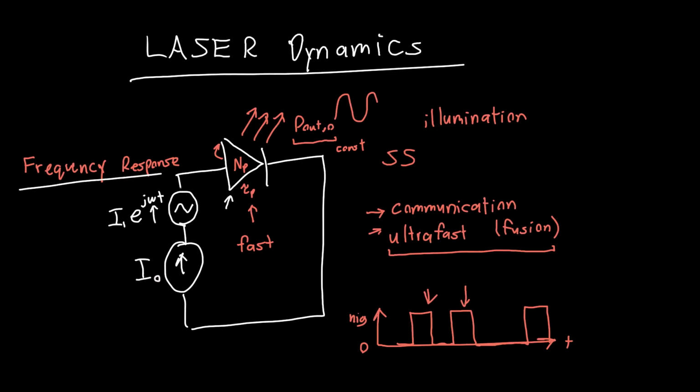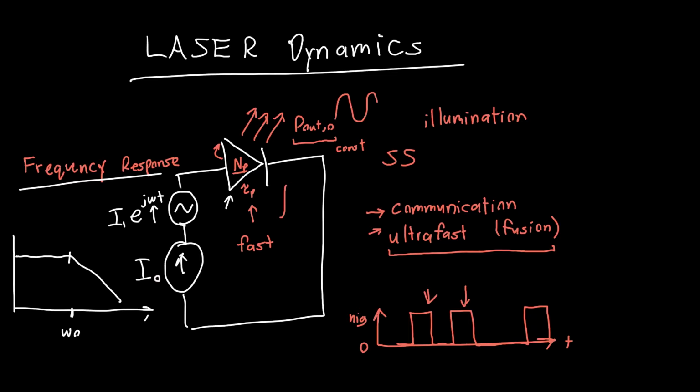And that, of course, is given by the frequency response. So maybe at a certain point, say, call this frequency omega naught, the laser just can't go as fast as we're asking of it. Maybe the number of photons inside the cavity can't build up quickly enough for us to get the output power that we need when we inject a certain current.